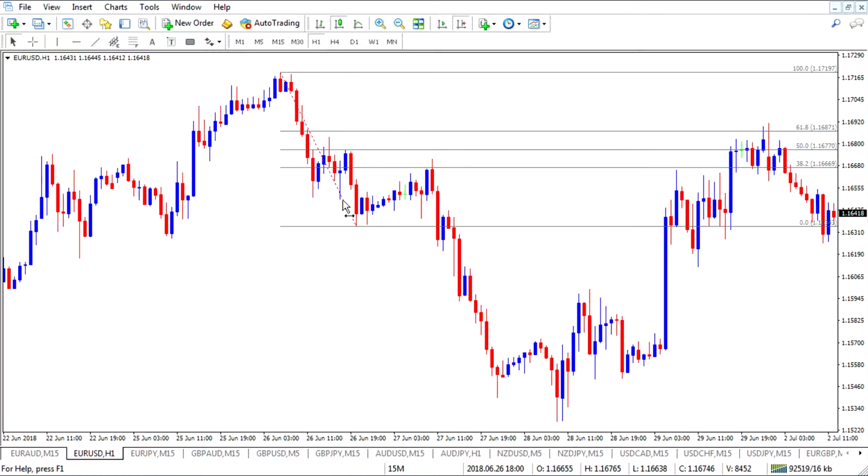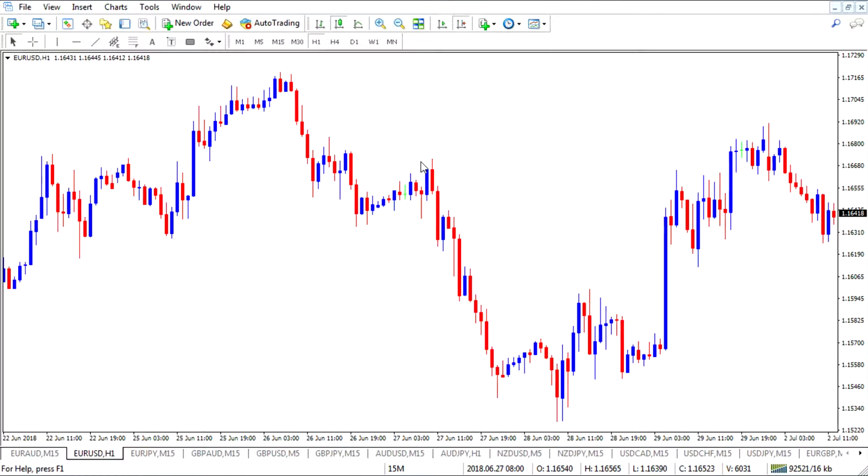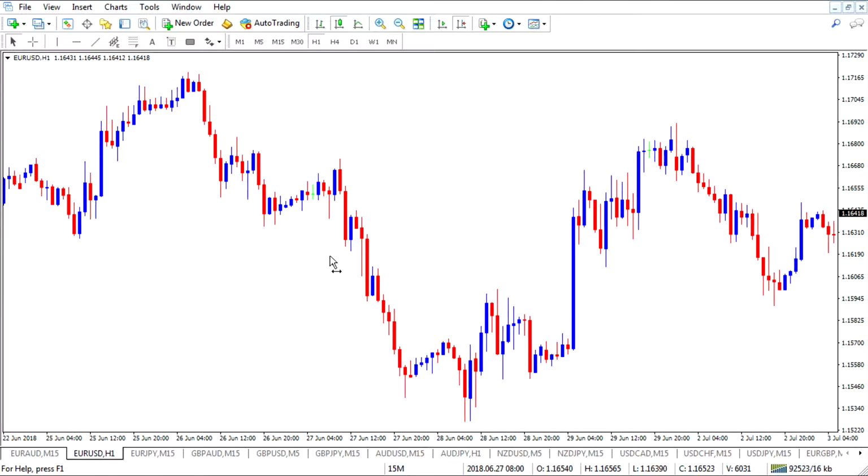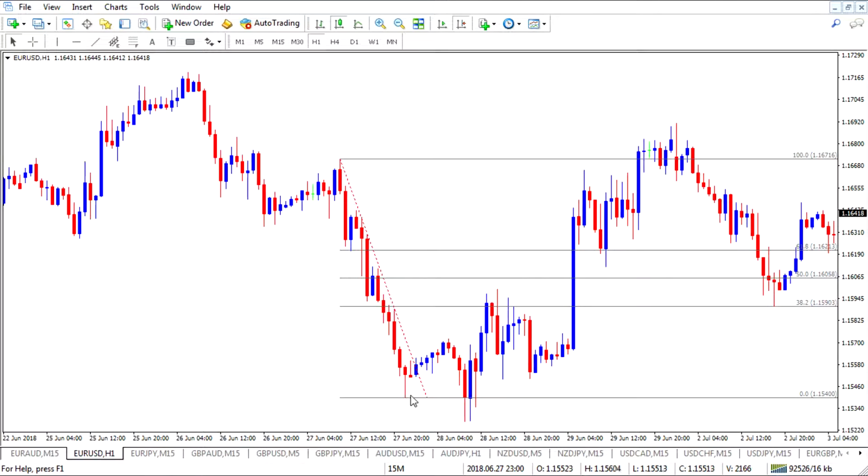Now, if I take a look at another example here, let's look at this leg. We have this leg down, market comes back up and moves back down again. So if I take my Fibonacci tool, top to the bottom, I can see that we do not get into the Fibonacci window. We don't get into that zone between the 38.2 and the 61.8.